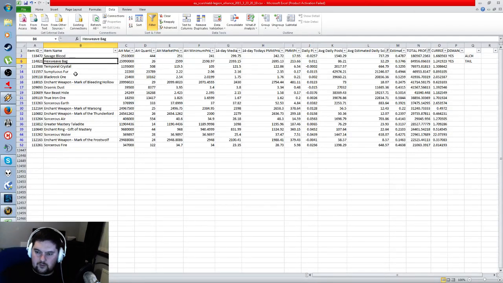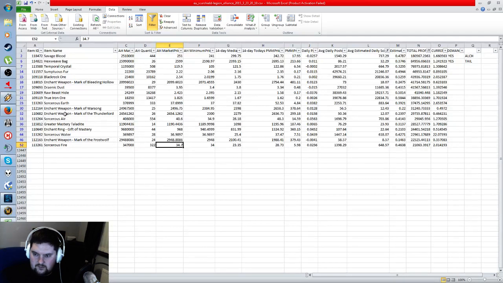One of the things I found is that Sorcerer's Earths sell quite well on my server. You can see 800 sell per day on my server. Now something that's not as good, you can see the price of Sorcerer's Fire is at 34.